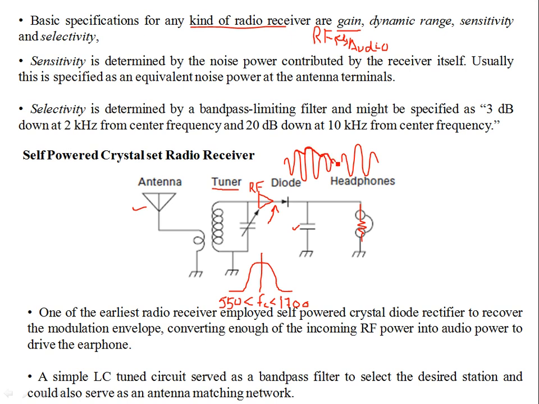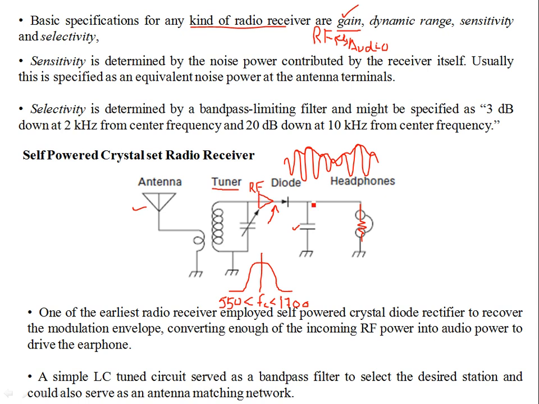It charges, discharges, and that's how you detect the envelope. This is your modulating signal envelope that you're interested in. So by gain I mean you might need an RF gain for proper diode detection before the detector.